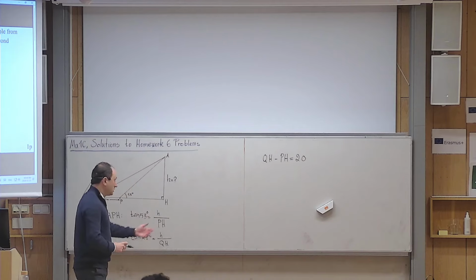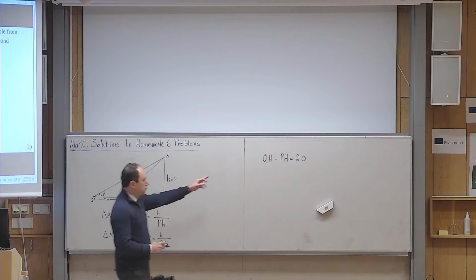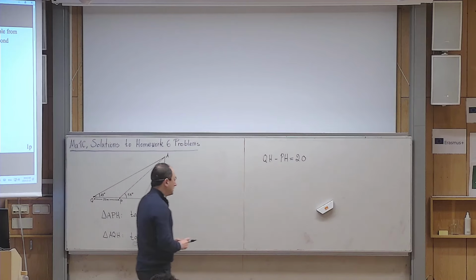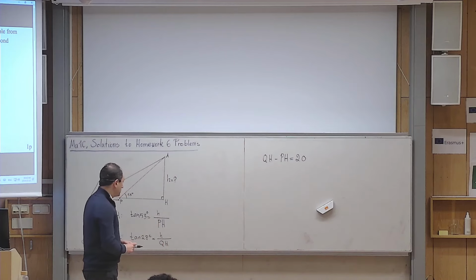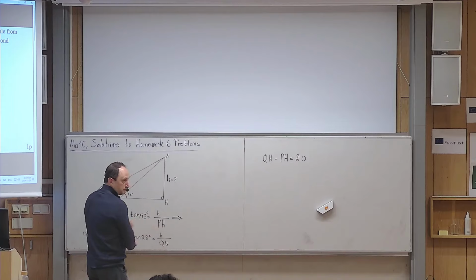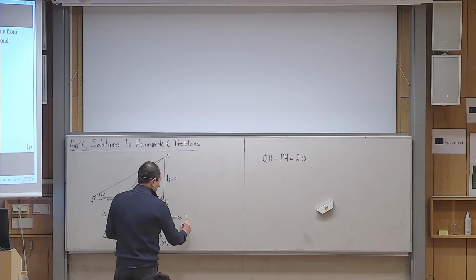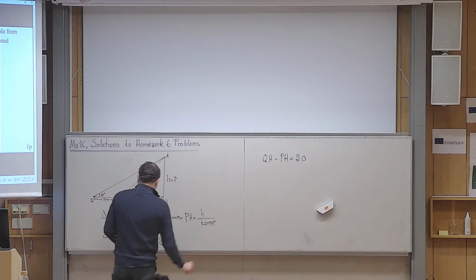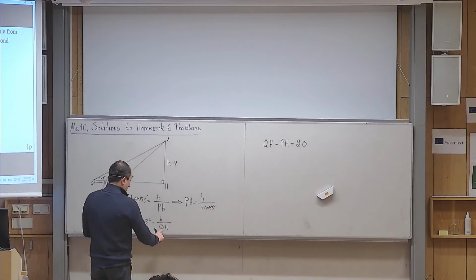only h. So I have to get rid of these two unknowns, which are not my target, in favor of this unknown that is my target. And hopefully from the lesson I told you, don't waste your time, you can always swap them. Okay, so PH goes there, h divided by tangent 53 degrees, and I can swap them as well.